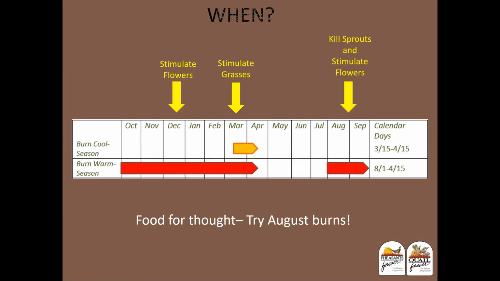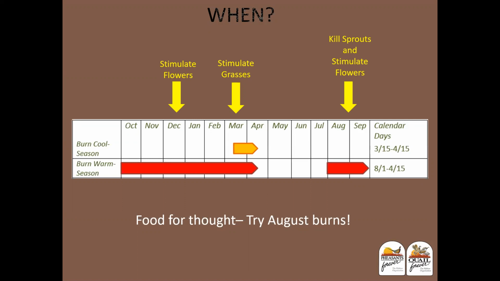And since we had this, which is actually prescribed fire, I thought I'd bring it up again. A lot of your burns are done from March to April. So if you're trying to control some cool seasons, that'd be a good time to do it when they're 4 to 6 inches tall. If you have brome grass or fescue, maybe run a fire through there whenever they're 4 to 6 inches tall to set back.